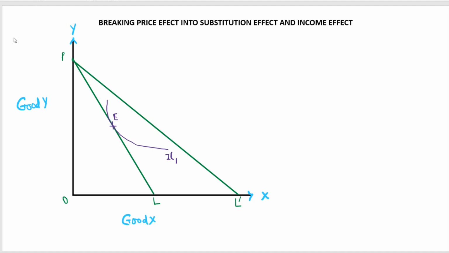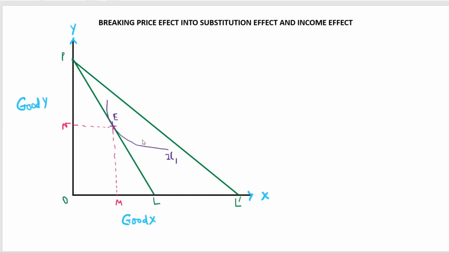So at this equilibrium point, we can say that the consumer is buying, let us say, OM amount of good X and ON amount of good Y.